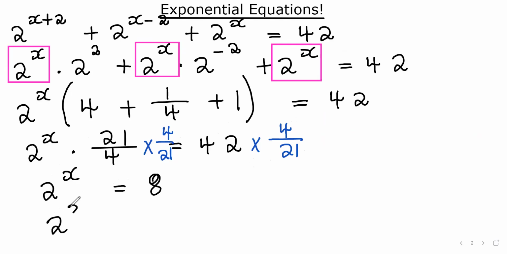Then now it's time for you to write this 8 in exponential form to base 2. And now you can say, when the bases are the same, we equate the exponents.